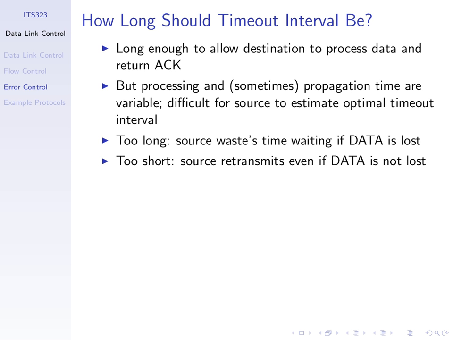Send our data. There's no data lost in this case, but there's some propagation delay. It's going to take some time for the ACK to get back. There's an ACK here. So the ACK is going to get back, but if I set the timeout interval to be small, I'd retransmit here.